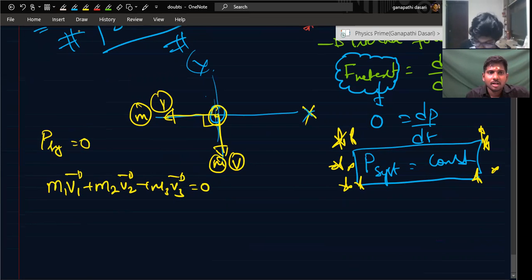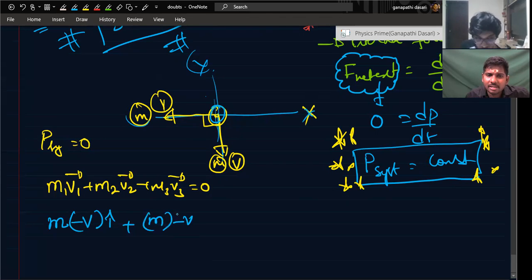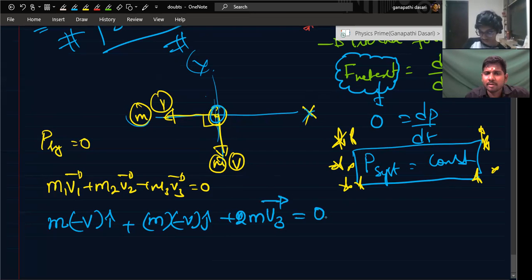Taking the first mass, M into minus V i cap, plus the second mass, M into minus V j cap. I took negative x and negative y because they're perpendicular to each other. Plus M3, which is 2M because the remaining mass will be 2M, into V3, is equal to the 0 vector.